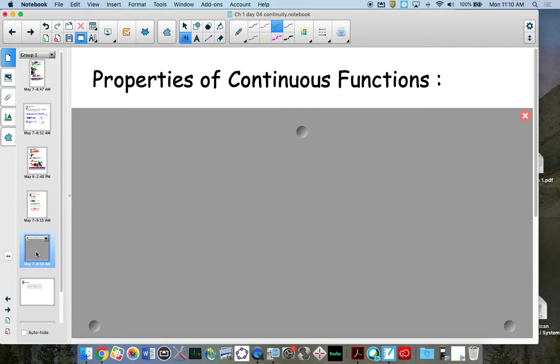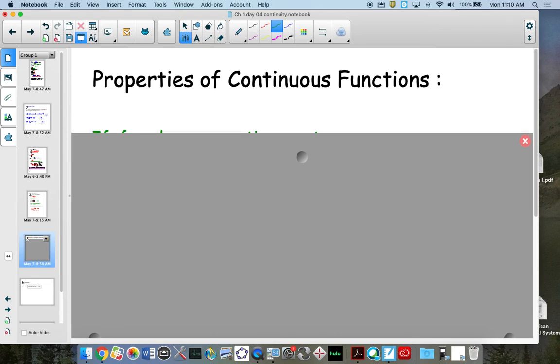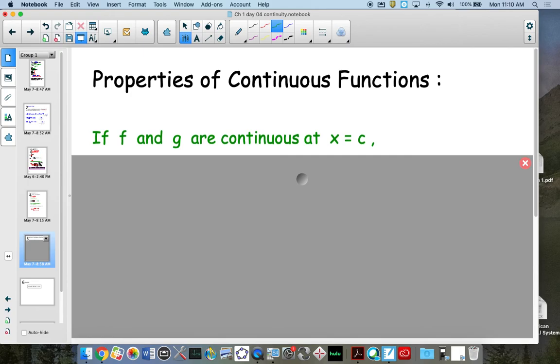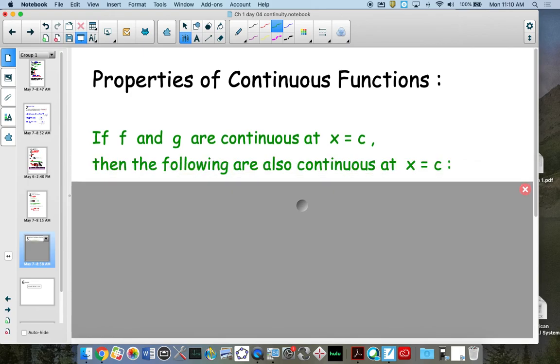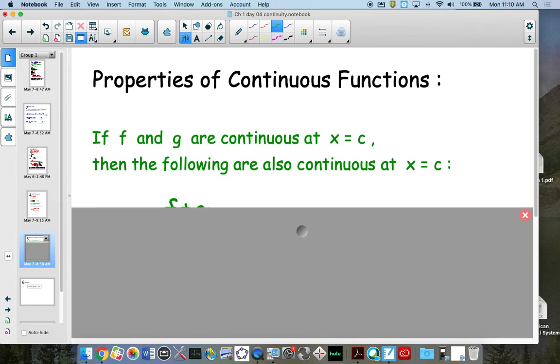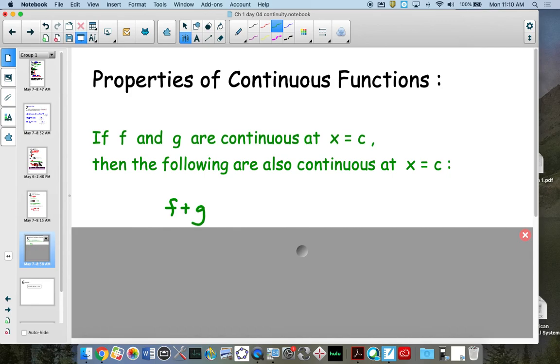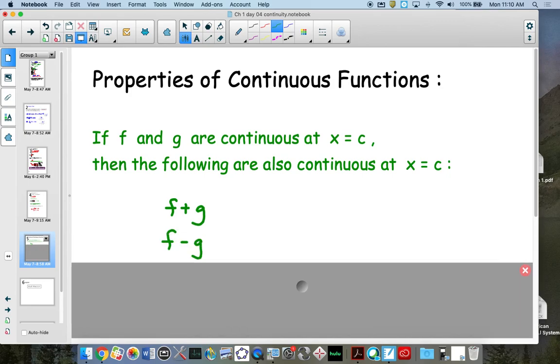All right, we have some properties of continuous functions. And since they're tied to limits, this always goes back to some of our properties for limits. If f and g are continuous at a point x equals c, then each of the following are also going to be continuous at x equals c. So the sum of the two functions, f plus g, will be continuous at c.